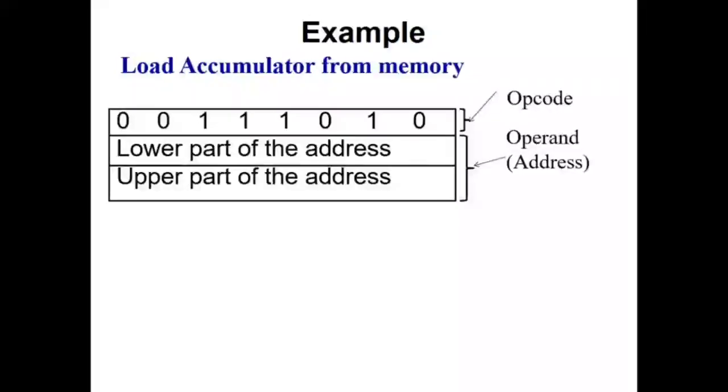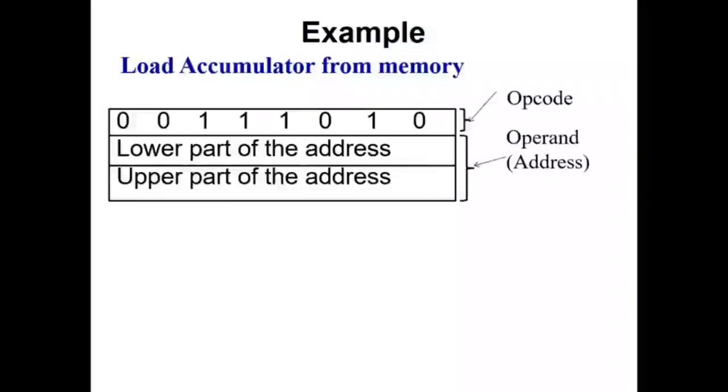Now, memory has very many memory locations. So if we are moving a certain piece of data from memory, we have to mention the address of that particular memory location, and then we put that data into the accumulator.